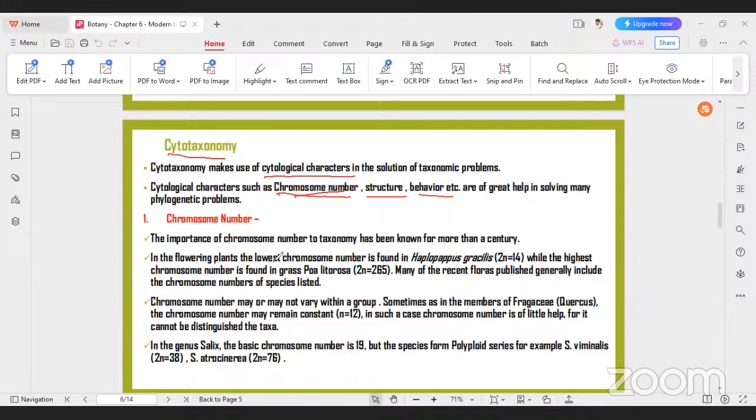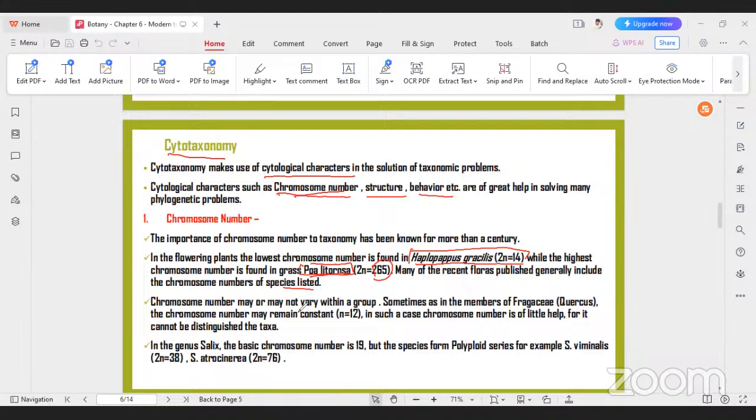In the flowering plants, the lowest chromosome number is found in Haplopappus gracilis, which is 4, while the highest chromosome number is found in Poa littoroa, 265. Many of the recent publications generally include the chromosome number of species listed.